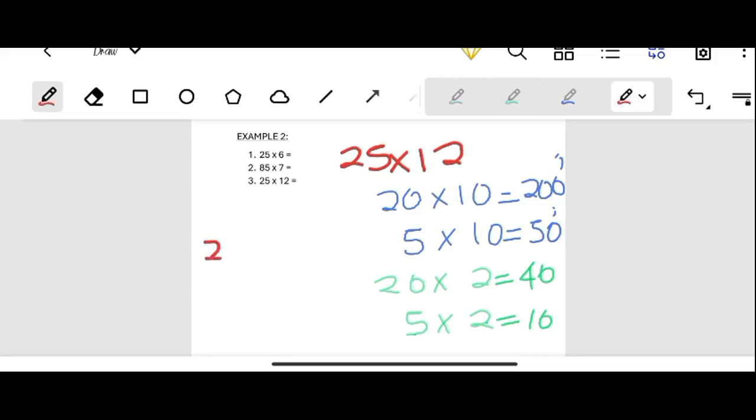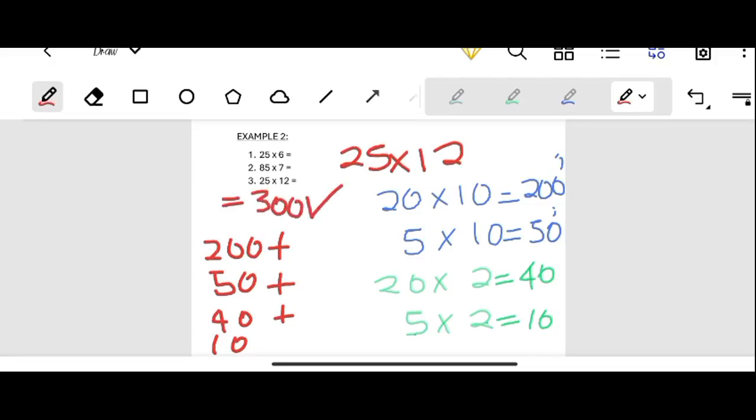I'm going to say 200 plus 50 plus 40 plus a 10, which is simply going to be that plus that is 250 plus the other one is 290 plus the 10 is 300. So it means that 25 times 12 is equal to 300. And then you are done.